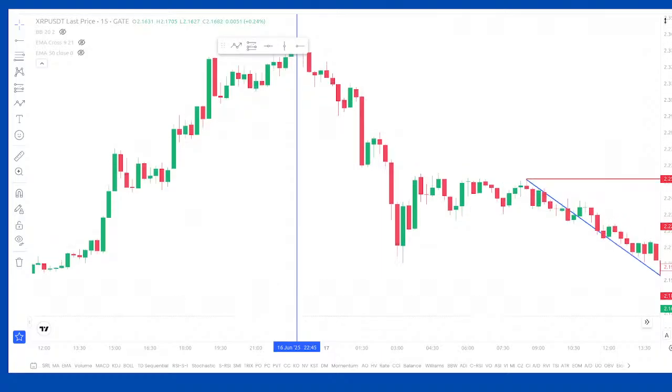Assuming I'm selecting this green candlestick, it has this thin line, and we have this body that is very thick in green.